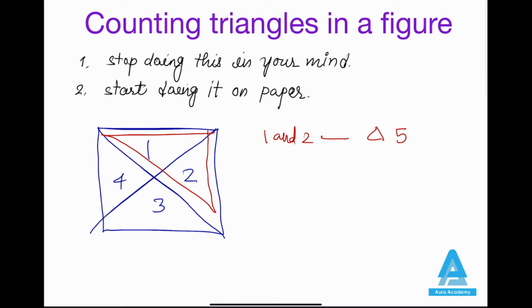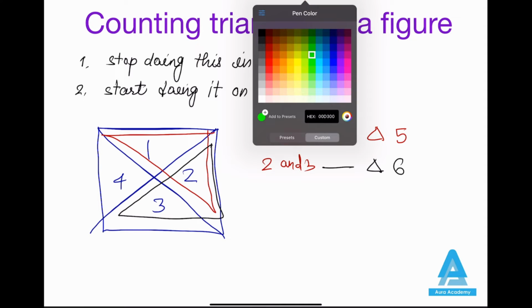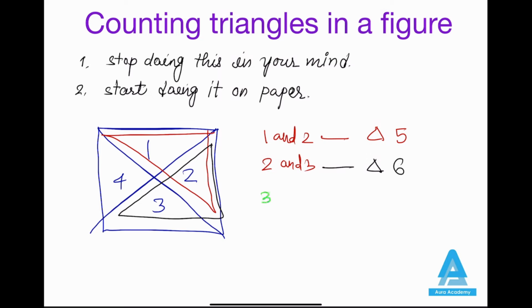Then 2 and 3 make triangle number 6, and 3 and 4 are also making triangle number 7.